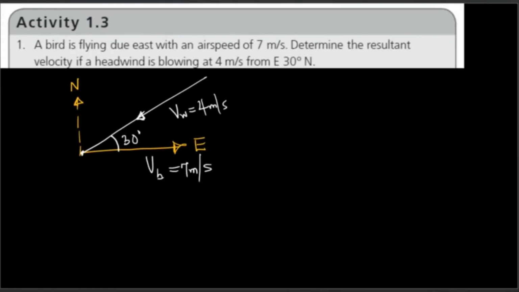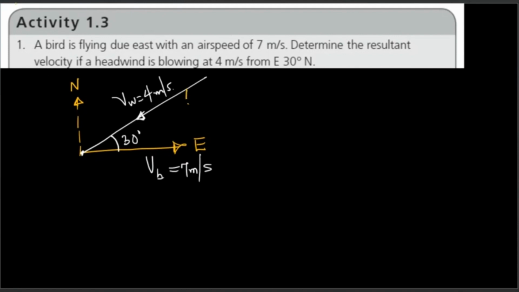The resultant velocity is the total velocity. So the first thing we are going to do is determine the sum of all the vertical and horizontal components. This is 4 meters per second, so we have to resolve it into vertical and horizontal components.